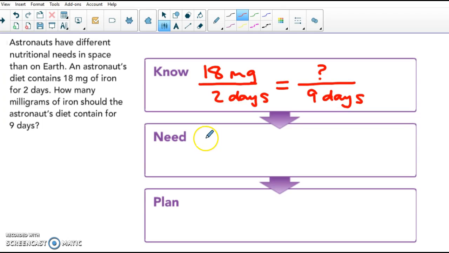So I need to know the unit rate, because I can easily turn a unit rate into any other equivalent ratio that I need. So my plan is to find the unit rate.